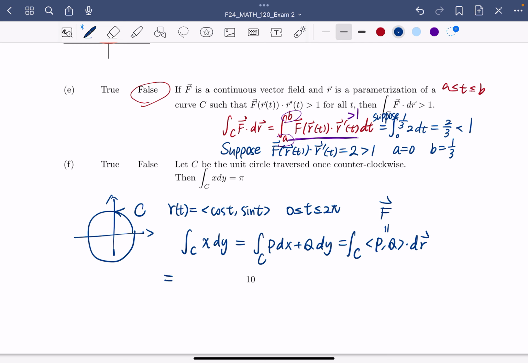Then we expand this by plugging in our parameterization and our explicit vector field F. So this is (0, cosine t) dot (minus sine t, cosine t) dt, and t is from 0 to 2 pi, right?